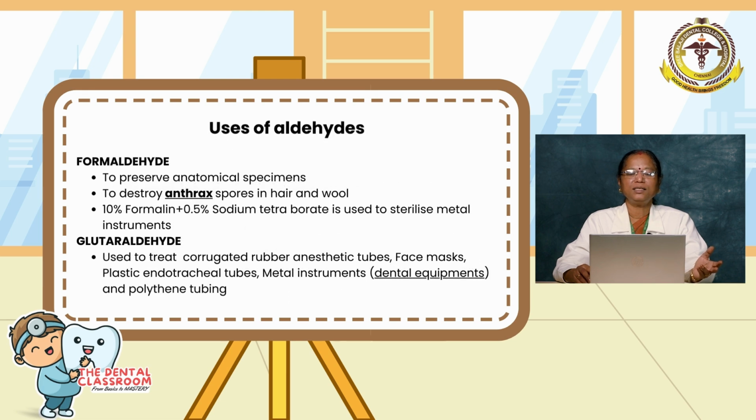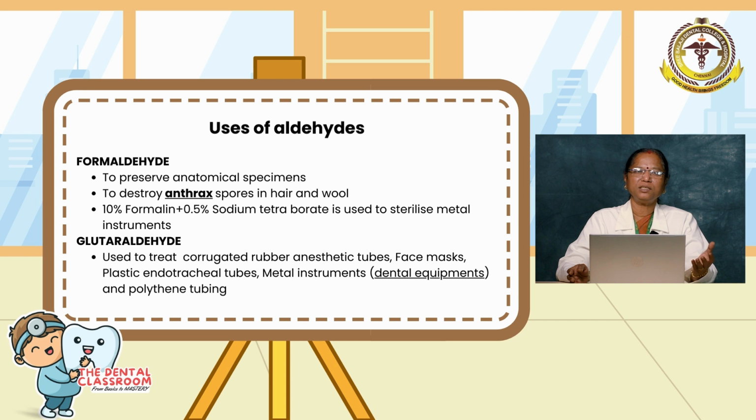Now the uses of aldehydes. Formaldehyde is very useful in preserving anatomical specimens. In the anatomy lab, you might have seen all the tissue specimens stored in 10% formalin. Even for biopsies, where we collect tissues from patients, the tissues are placed in 10% formalin, where decomposition of the tissues will not occur.